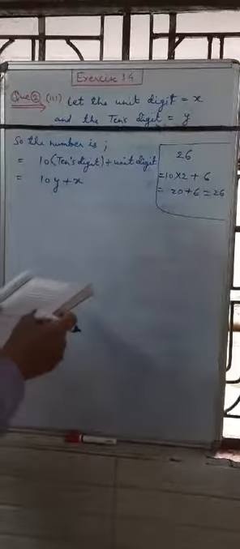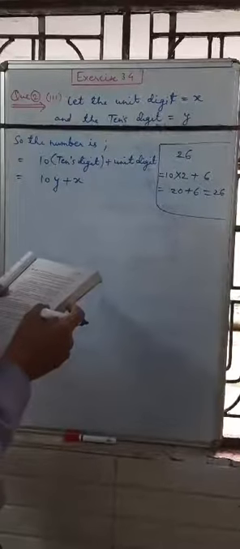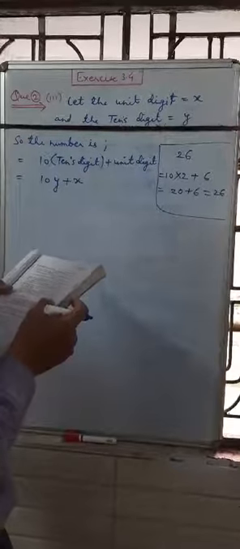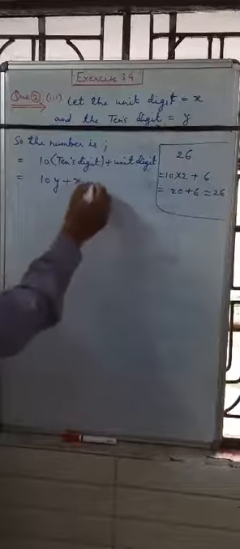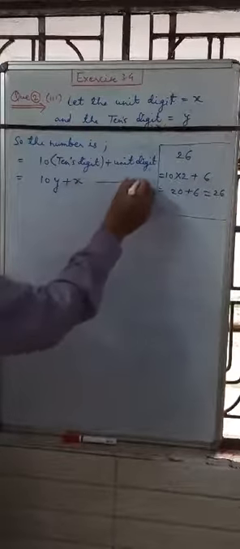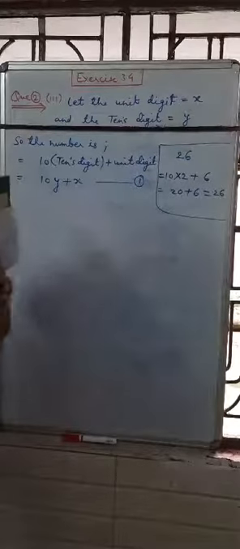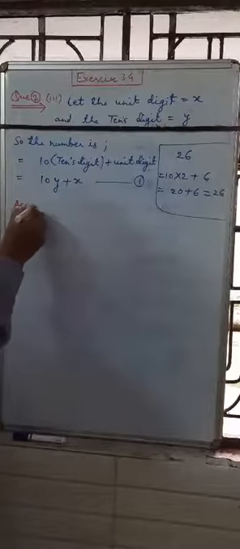Also, 9 times this number is twice the number obtained by reversing the order of the digits. So according to the first condition, what is written?